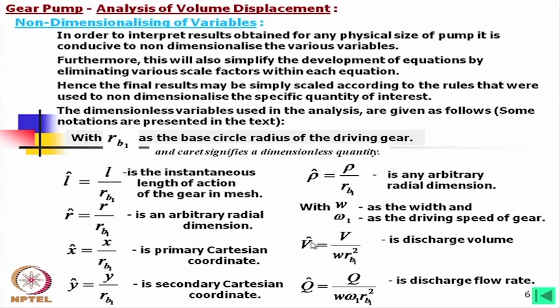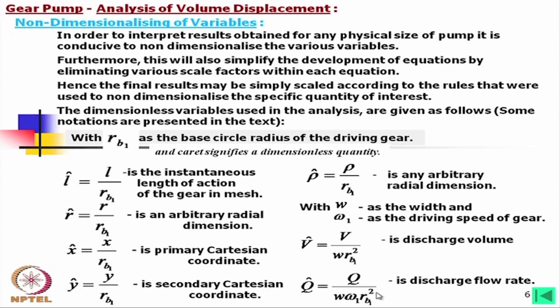We can non-dimensionalize this volume by dividing by the width times RB1 squared, but for flow rate we have to introduce omega 1, the angular speed.